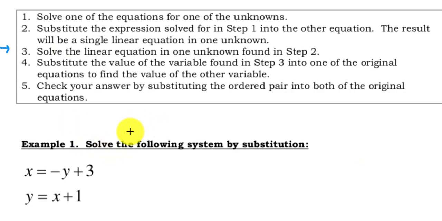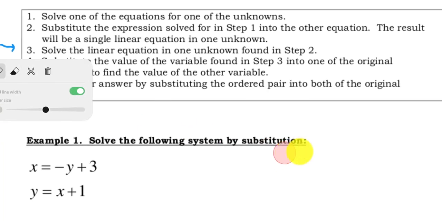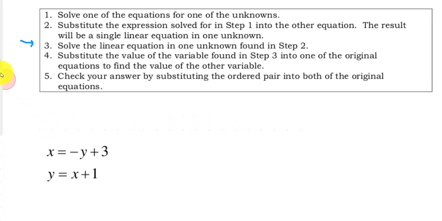So when I look at example 1, step 1 says solve one of the equations for one of the unknowns. This is done for us. That means you get x by itself or y by itself. So I have x equals negative y plus 3. I could substitute everything I've just circled into x down here.